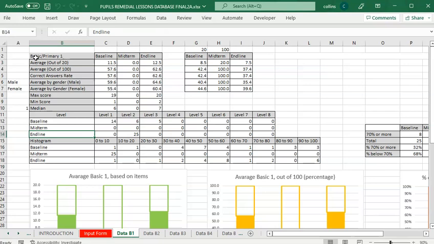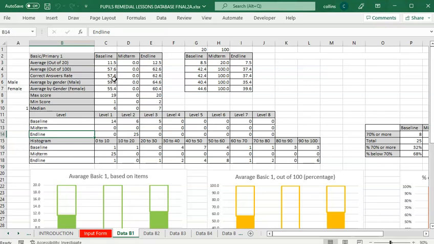So we should expect basic 1 or primary 1 over here. But remember, you were told that in the baseline assessment, you use the mathematics test tool or instrument. You use the same test instrument for the end line or midline assessment.